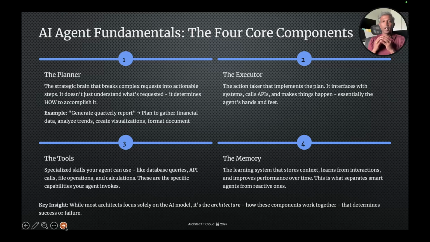For example, if you are a sales team and you want to generate a quarterly report, "generate quarterly report" is the prompt that you give to the AI agent. But the planner has to have the planning details of how the financial data is collected, how the data is analyzed, what visualization technique you must use to present the report, and what format of documentation you have to create.